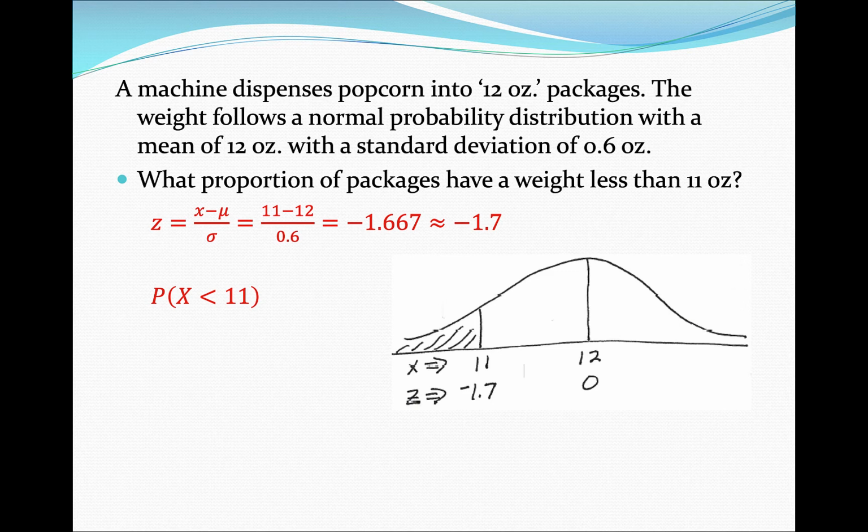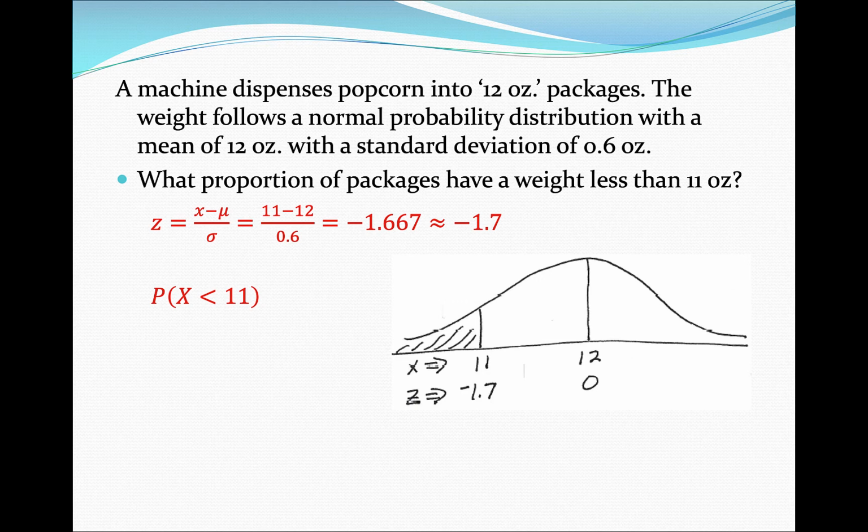So to get that value, we simply take that 11 value for x, we subtract the mean, which is 12, we divide by the standard deviation, which is 0.6. That will give you basically negative 1 2/3. So we are going to have to round this in order to use the table. Like I mentioned before, the table is only accurate to 1 decimal. So I just say that's approximately negative 1.7. So that's where that z of negative 1.7 comes from.